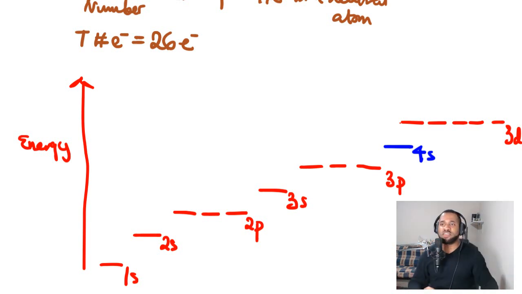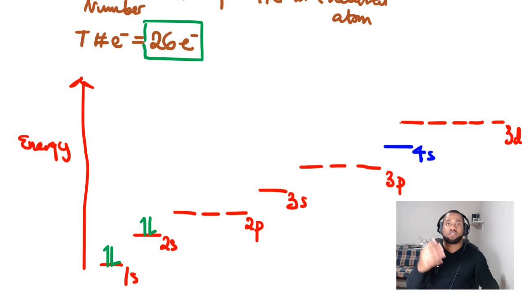So in this case, we're going to fill up our electrons, and take note, we need the total number of electrons to be 26, so we need to keep track of that. We fill this with 2 electrons, and this as well, 2 electrons. Since we have 3 orientations in the same sublevel, they all have to have 1 electron first, and then we pair them with the opposite spin in order for this system to be stable.